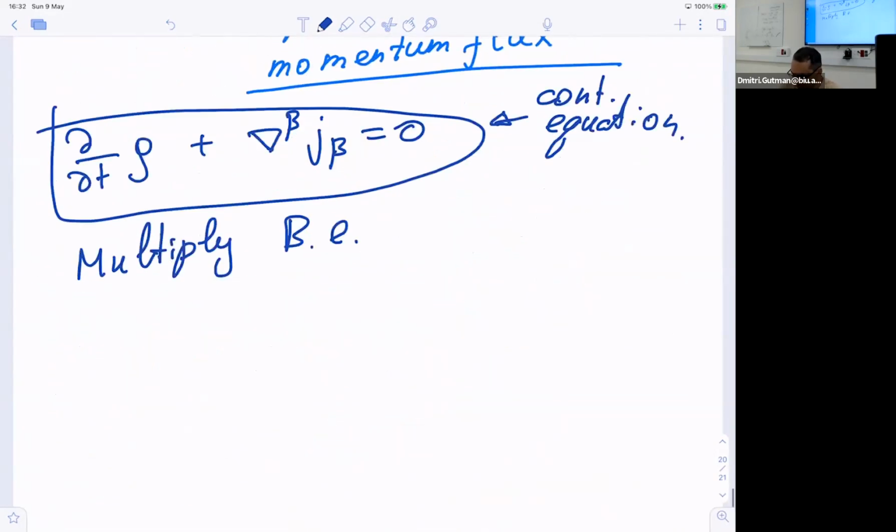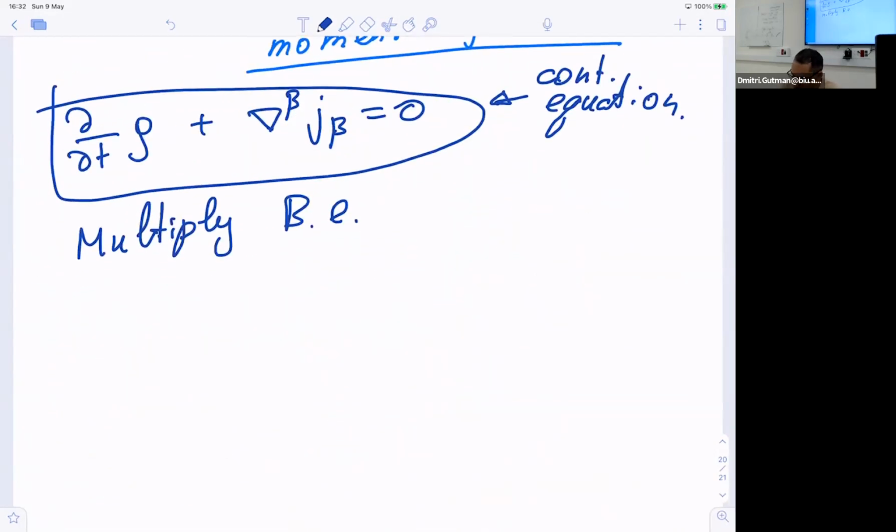Finally, by the same procedure, I multiply the Boltzmann equation by the quasi-particle energy. Then the same story over and over again: the term with the collision integral will drop because the total energy is conserved, and I also allow to interchange the order of derivatives and integrals.